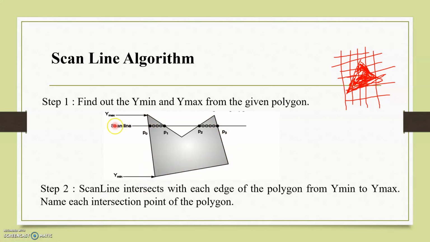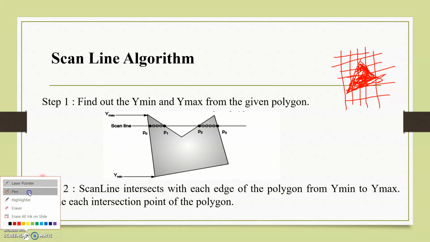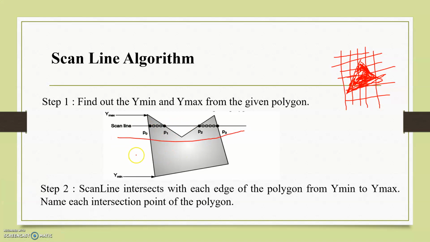I have considered this particular scanline passing through the polygon. This is your first scanline, second scanline, third scanline. Like that you can consider a number of scanlines and then find the intersection points. Intersection point means where the scanline and the polygon meet.